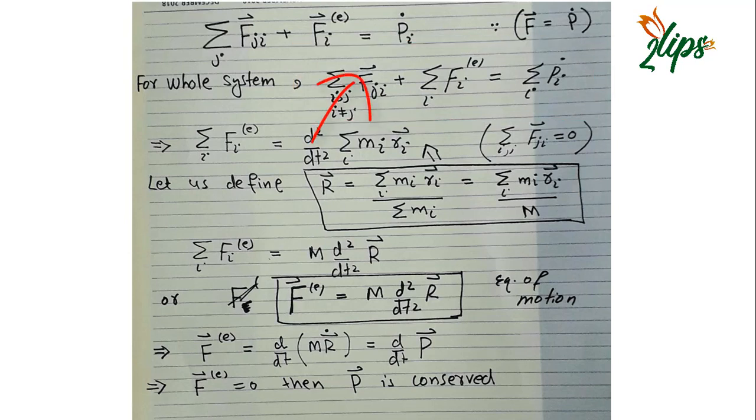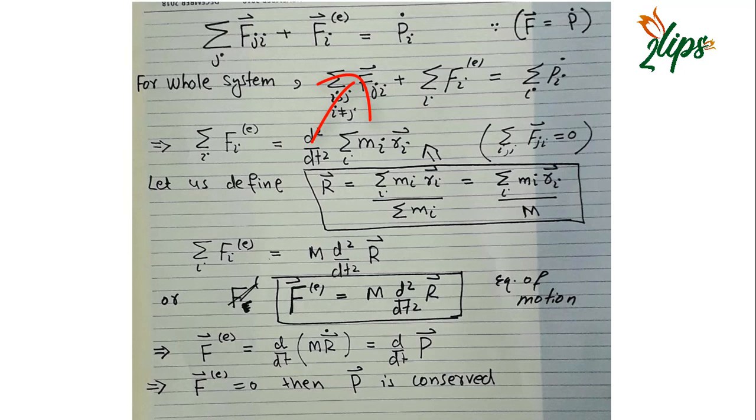So this first term will vanish. It is because of Newton's third law. Newton's third law says that if a particle exerts a force on another particle, then the other particle will also exert an equal and opposite force. So when we expand this expression, we will get equal and opposite terms.